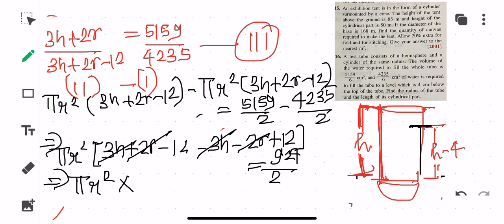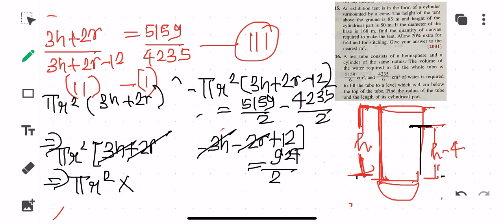Children, the subtraction part went something wrong, because the minus 12 is not there in the second part. I have taken this minus 12 extra, because minus 12 is not there in the second equation.